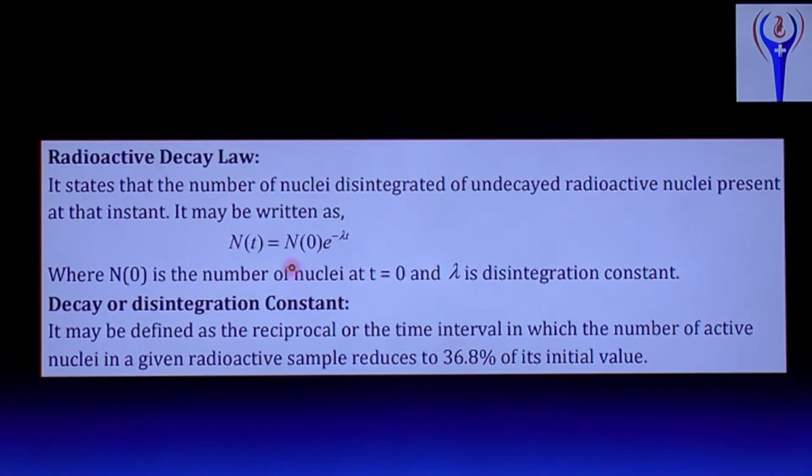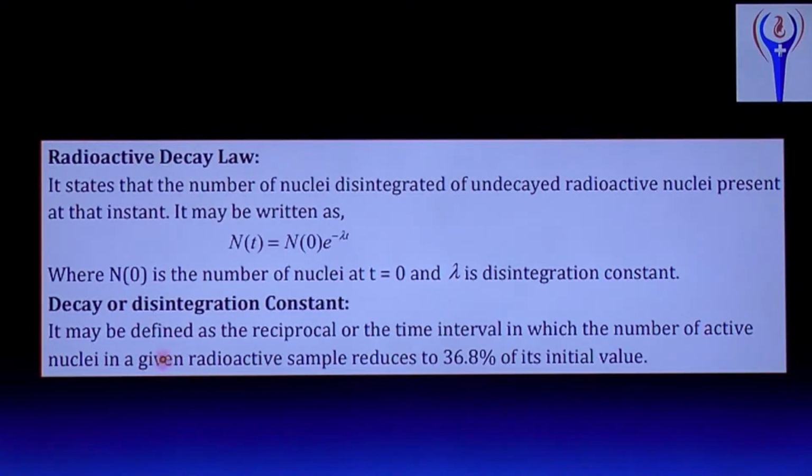N0 is the number of nuclei at t equals 0, the starting time, initial time. And here lambda is called the disintegration constant or decay constant.